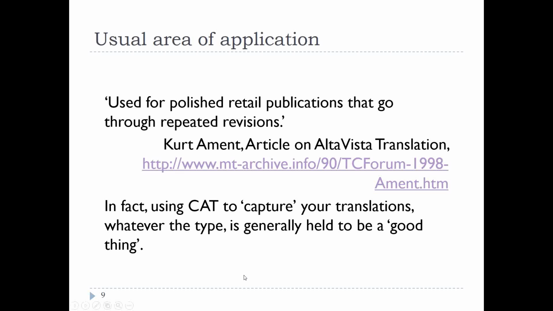The other point to make, and I've been trying to make this in the course so far, is that using computer-aided translation, or CAT as it's sometimes referred to, or other applications such as terminology management, you can in fact capture your terminology or indeed your translations. And once it's captured, it can be recycled in a number of fairly interesting ways.